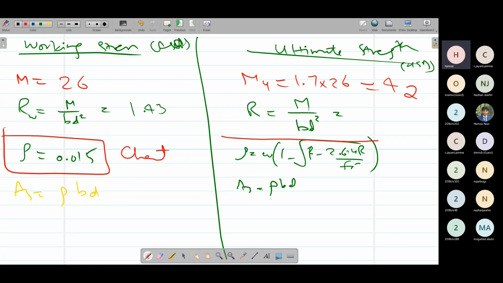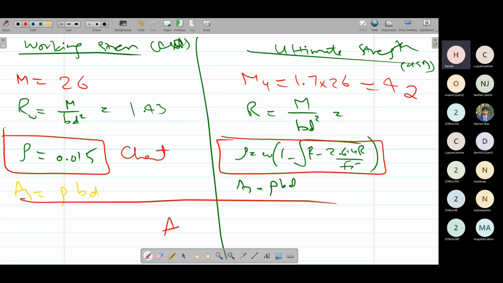In the ultimate case, we have to calculate the rho value from this equation. Charts are also present for ultimate strength, but we can simply use this formula. It is more accurate. Okay, so the As value we are going to select is the larger one of these two.